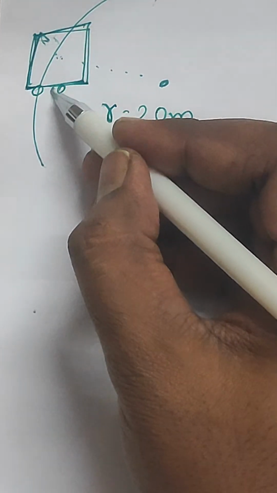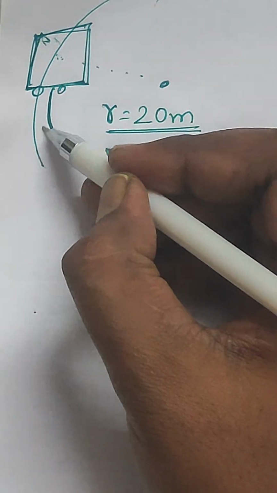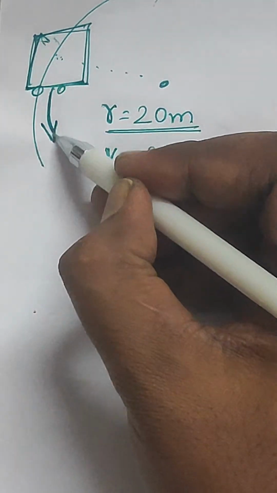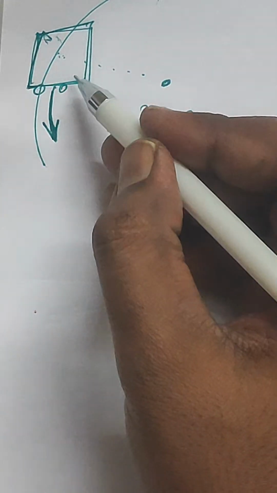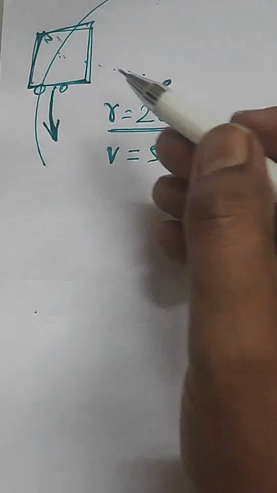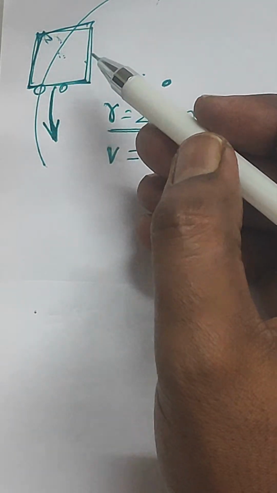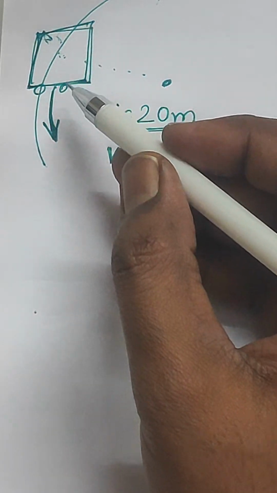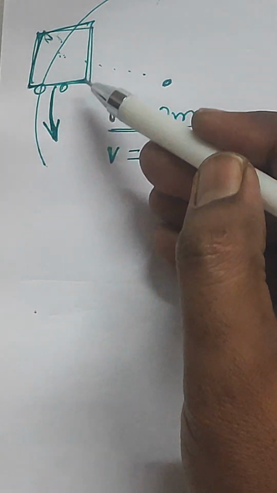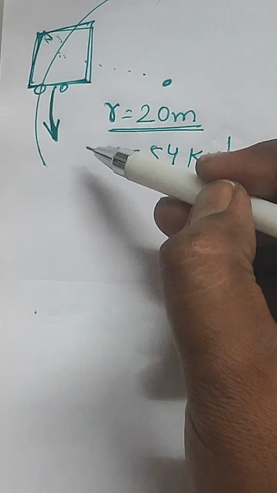If the car is going and turning through the circular path, then definitely there will be some force, and if the velocity of the car is higher, then this car can overturn. That's why if a car is to turn around a circular path, it must experience a centripetal force.